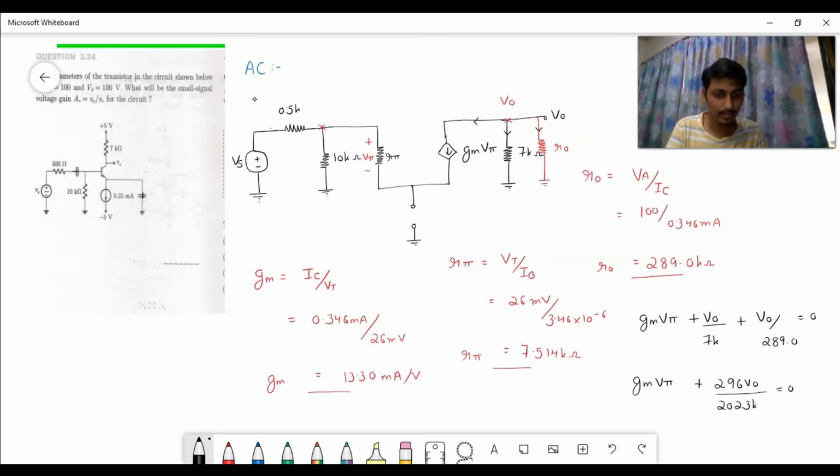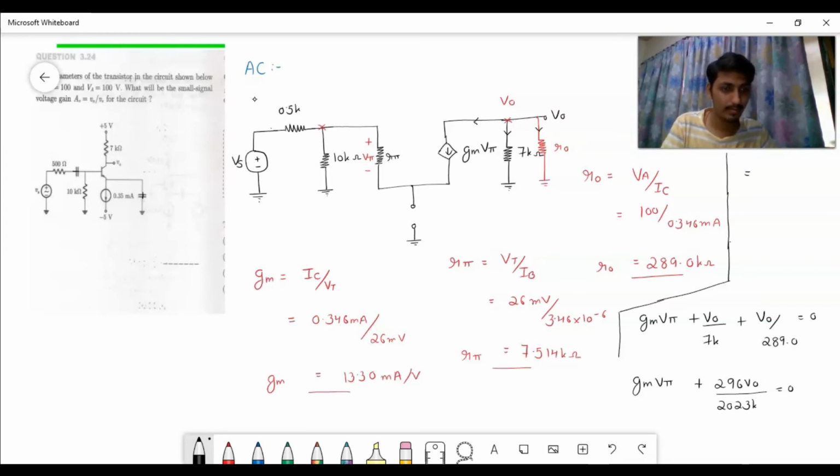So here it will come out to be gm V pi equals, one second, I will arrange here only. So for this, gm V pi, gm is nothing but 13.30 milliamps, into 10 raised to minus 3, times 23 into 10 raised to 3, V pi.